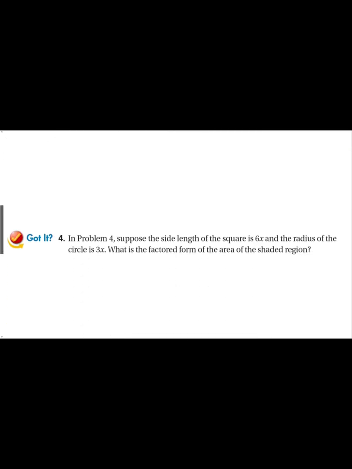Okay? For my got it problem, suppose the side length of the square is 6x, and the radius of the circle is 3x. Okay. What's the factor form of the area of the circle?